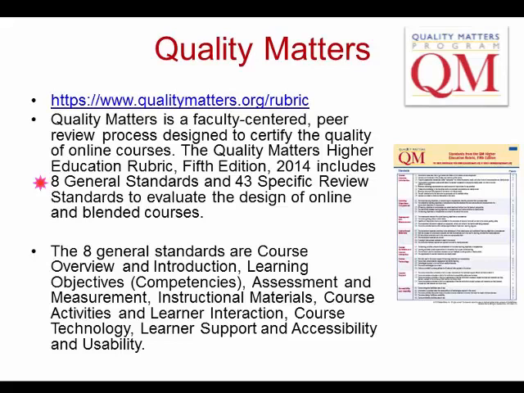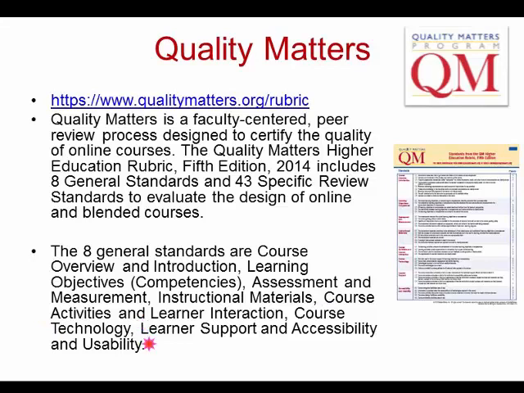And the 8 standards that the Quality Matters rubric reviews are course overview and introduction, so how important it is to provide an overview and introduction, providing measurable learning objectives, assessment and measurement, providing a variety of instructional material, course activities and learner interaction, course technology, learner support, and accessibility and usability.